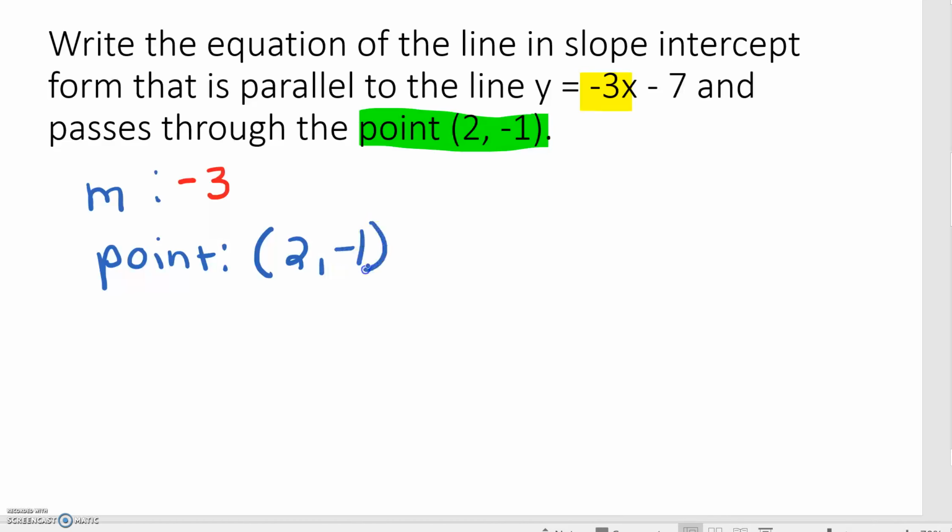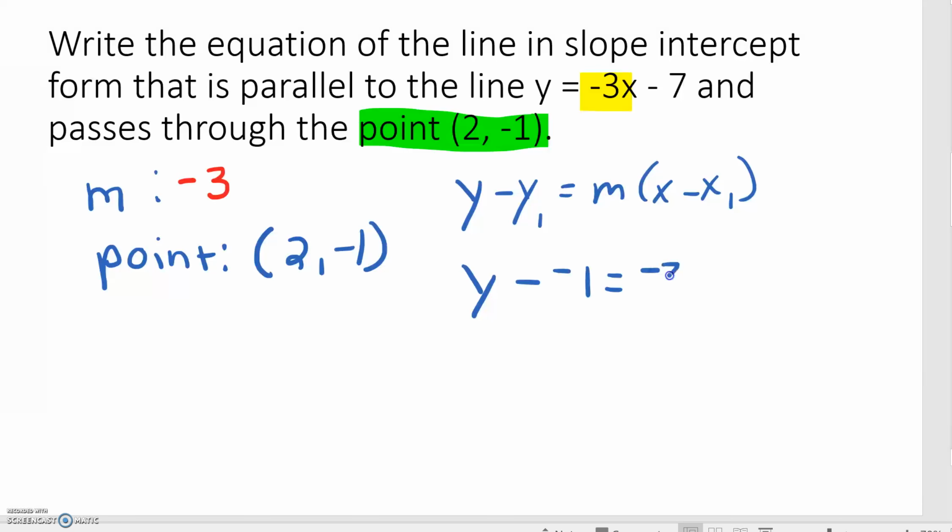Now we're going to use that in point-slope form. y minus y1 is equal to m times x minus x1 to find our equation. So y minus negative 1 is equal to 3, our slope, times x minus 2. The first thing we need to do is distribute the 3.